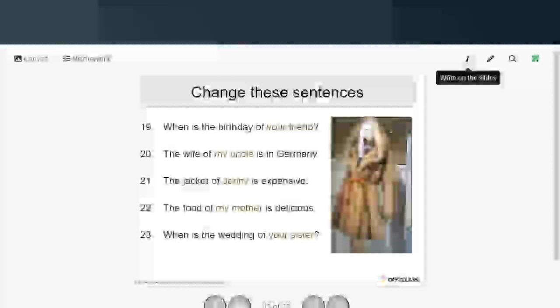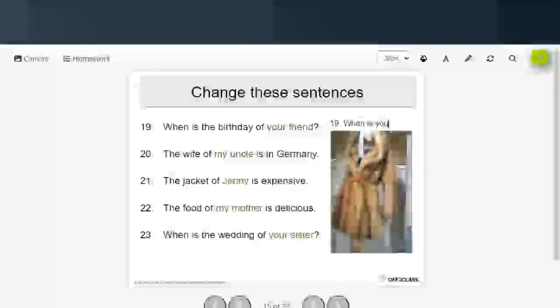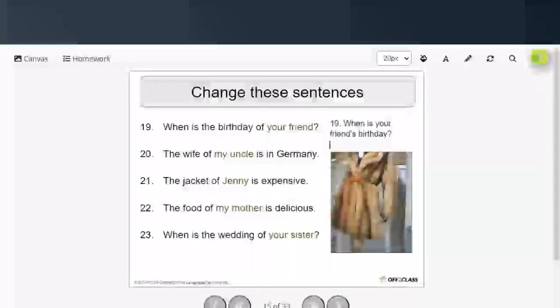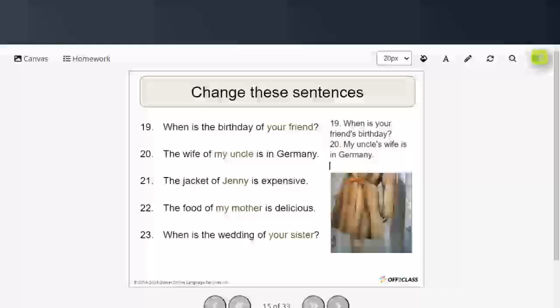Instead of when is the birthday of your friend, it would be when is your friend's birthday. The wife of my uncle is in Germany should be my uncle's wife is in Germany. The jacket of Jenny is expensive would be Jenny's jacket is expensive.